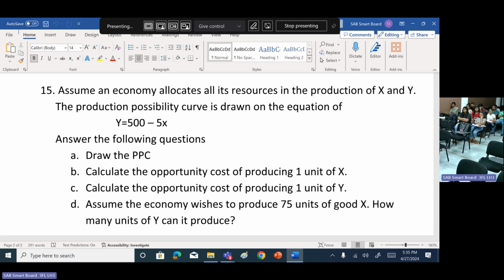Now you can take the two axes, right? If there is zero production of X, how much from Y we produce, 100. Then you have to take Y as zero and find the extreme point. Then identify the line, if it's a linear line.